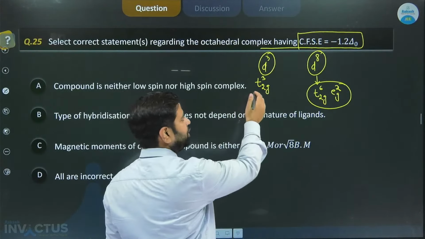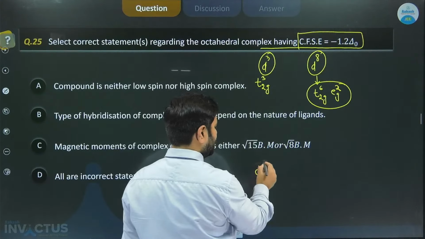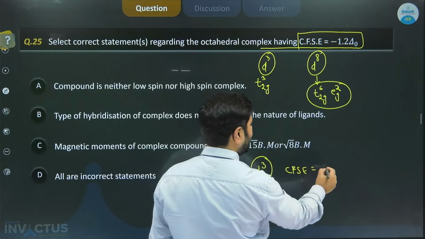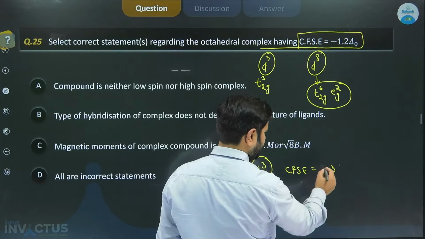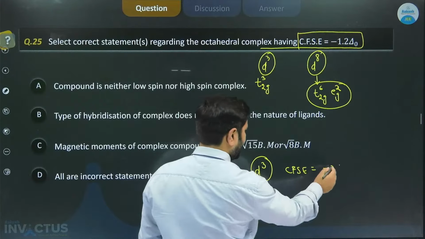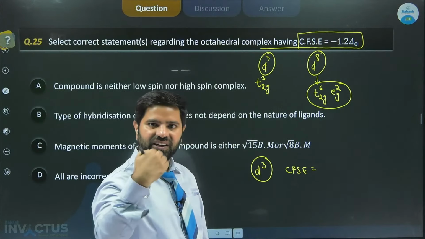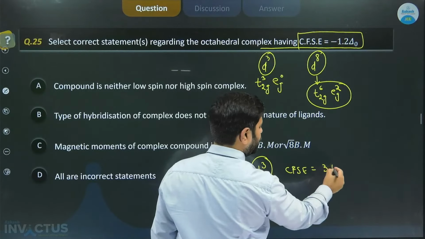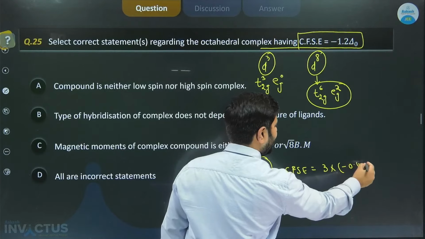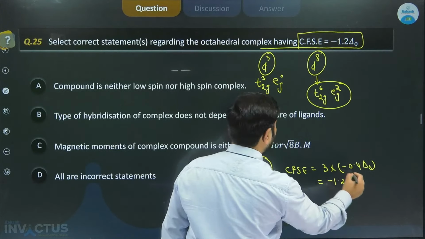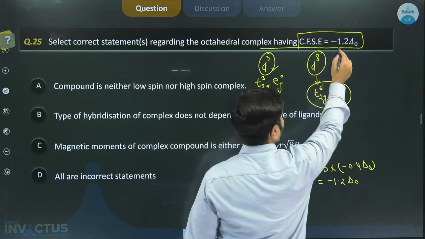So for t2g3, how can we calculate the CFSE for d3? You can write it like this: t2g is more stabilized than eg, t2g has lower energy than eg, and here eg is 0. So 3 into minus 0.4 del naught, which equals minus 1.2 del naught. So for the d3 configuration the CFSE is equal to this.